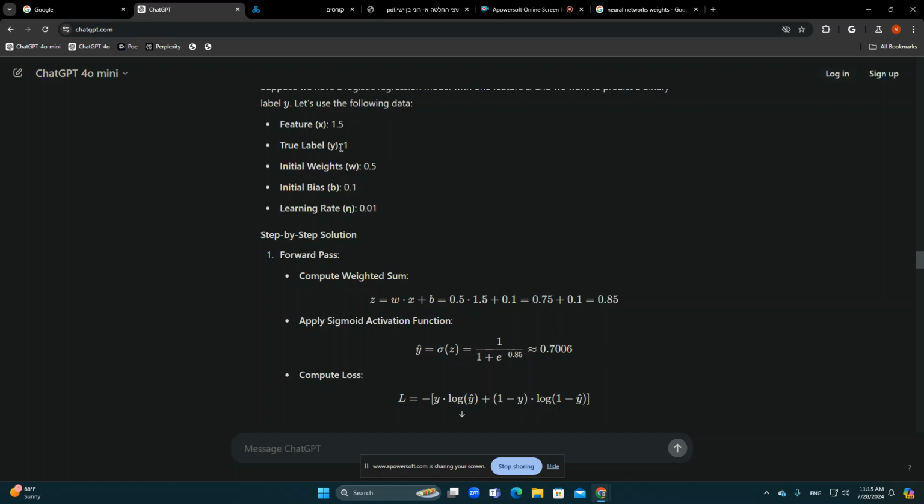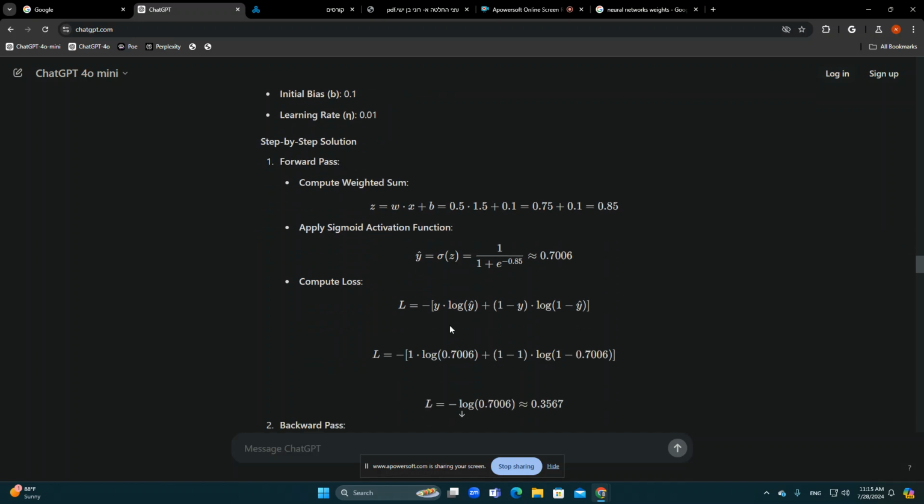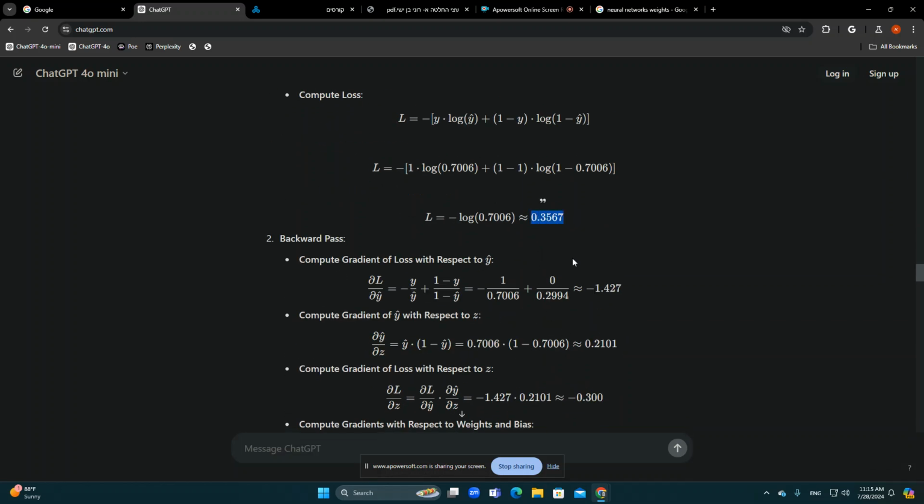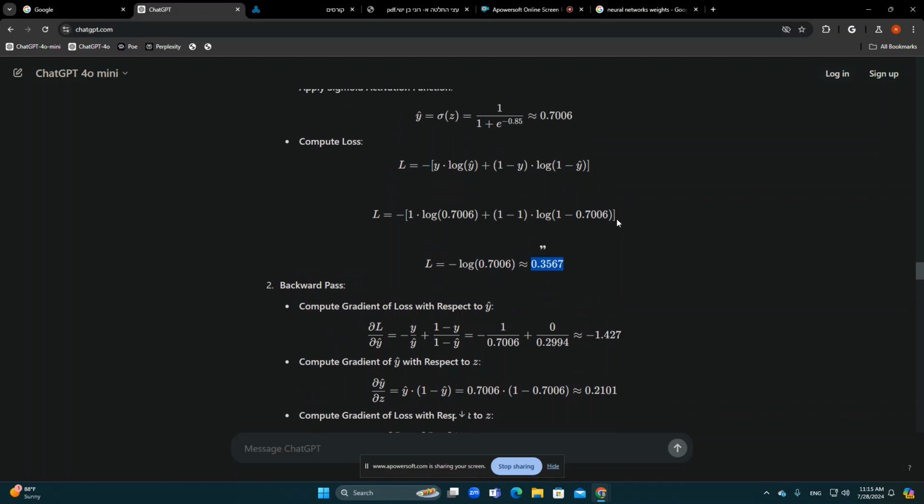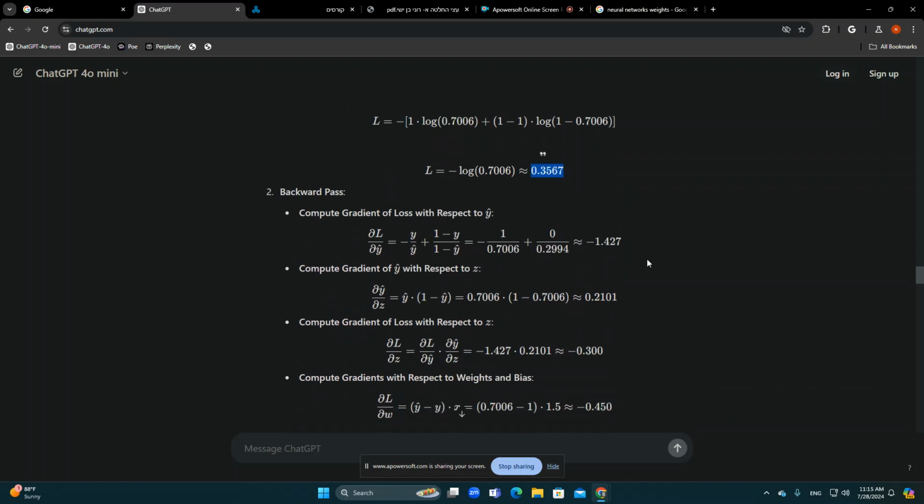Now the true label should be 1, so we have a little error. So this calculates the error, as you can see here. Now we want to update the weights and the bias using the backpropagation algorithm, by using the derivatives, using the chain rule, and then gradient descent to update the weights and the bias.